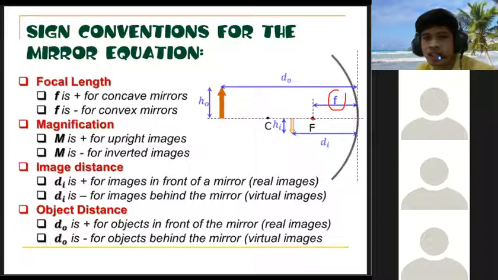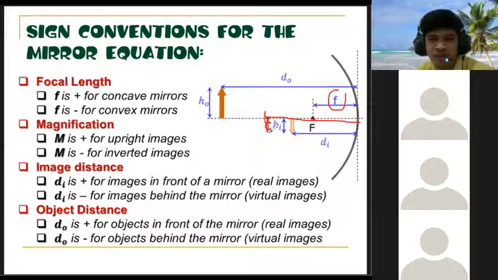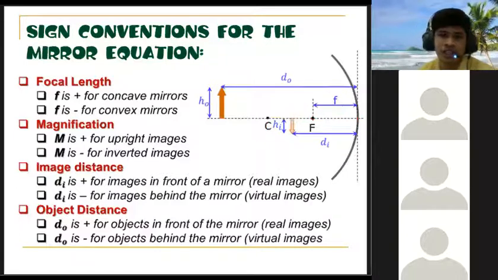This is the distance from F to the mirror, and F is 1/2 of the distance from the mirror going to the center of curvature. The distance from C to the mirror is the radius, and F is 1/2 of the radius. That's very important to remember.